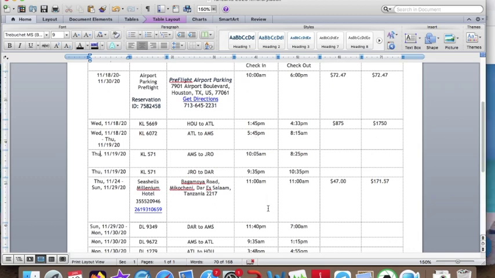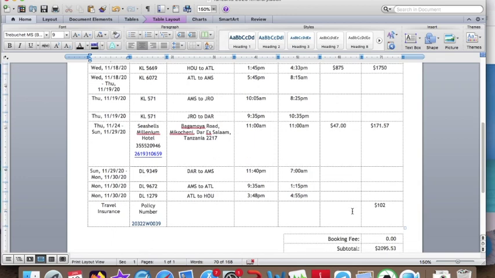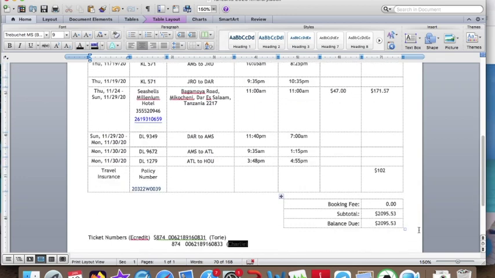So I put in when you have to check in and when you have to check out. Check-in time was 11, check-out time was 11. And the cost was $47 for an executive suite, which came out to $171.57 from Thursday to Sunday. Okay, so as you see here, the main thing is when you get to the balance.